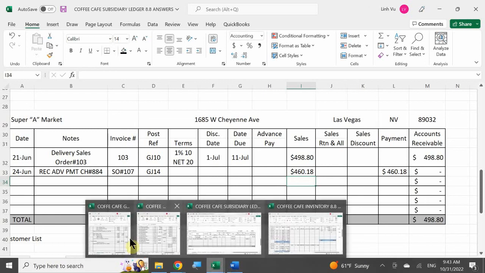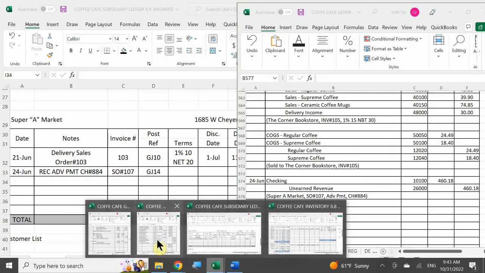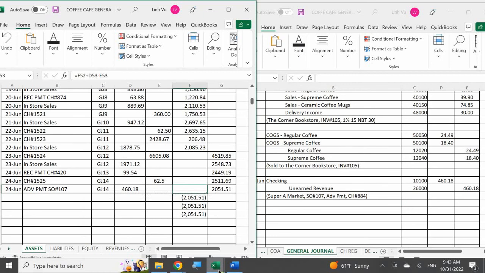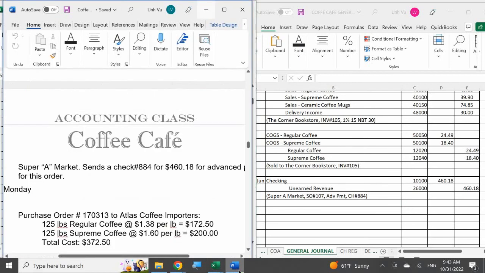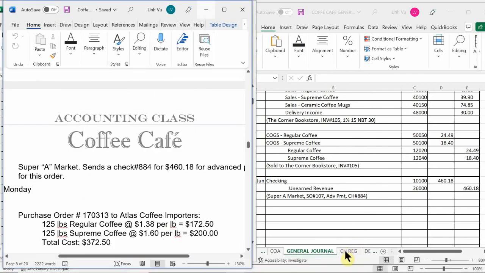Okay, what else do I need to do? One more thing. We received a check, didn't we? Yes. So what do we do with it? If I received a check, where do I need to go?